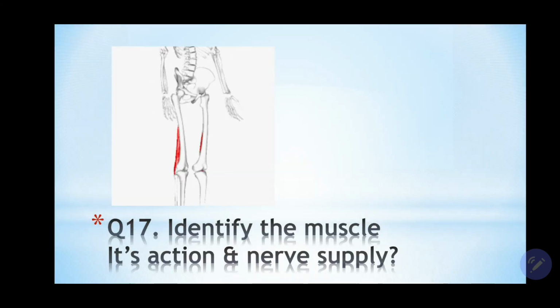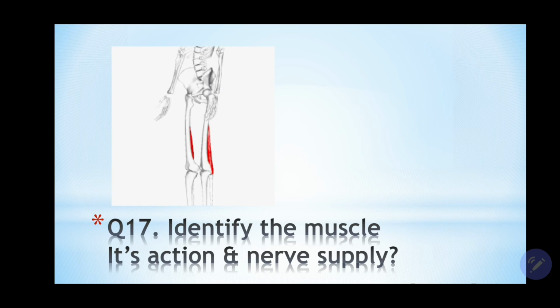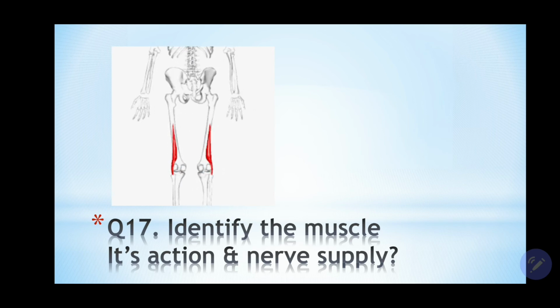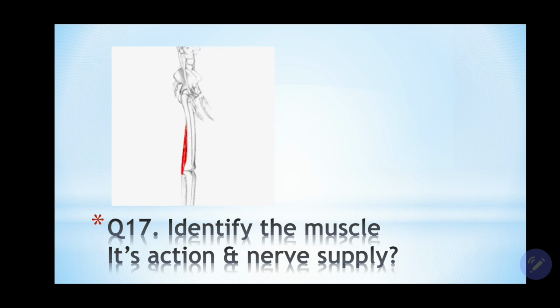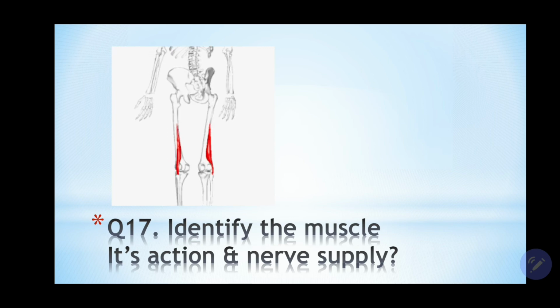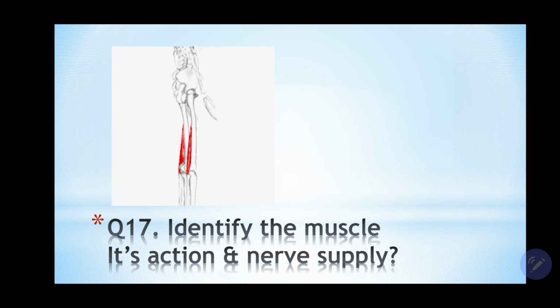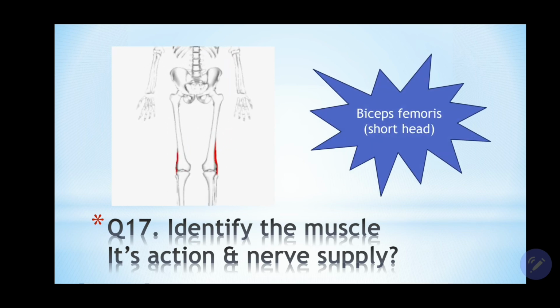Okay, so I think it's easy for you to guess because there are 5 muscles in the back of thigh, out of which 4 are called hamstrings, and this one is although in the back of thigh, but it's not a hamstring. So the muscle is biceps femoris short head.